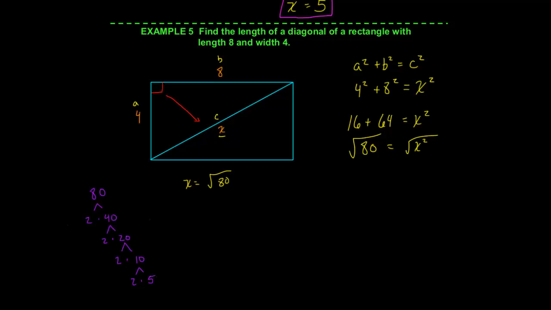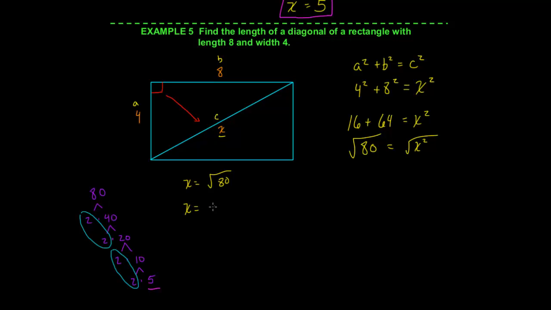Now, since we're pulling out squares, we're looking at pairs. So, here's a pair of 2's. Here's a pair of 2's. And what does this leave us left over? But a 5. So if I was going to factor this, we can pull out a 2. So I'm going to leave my x equals.